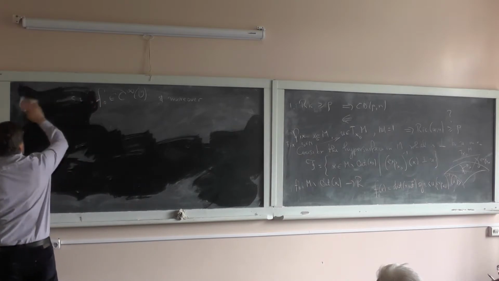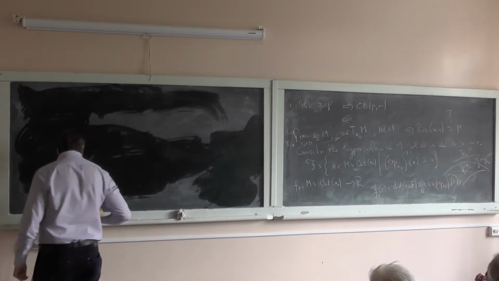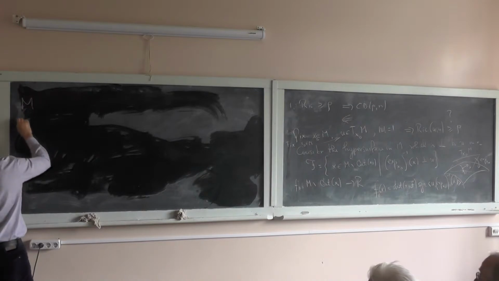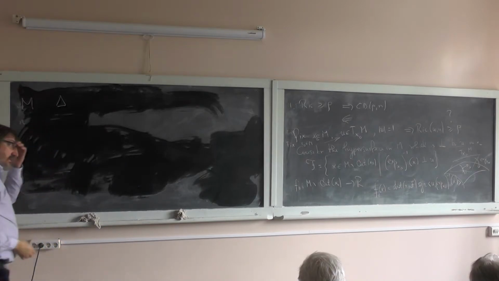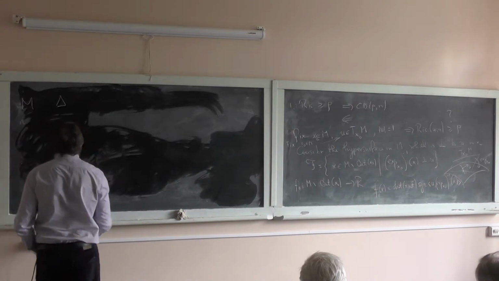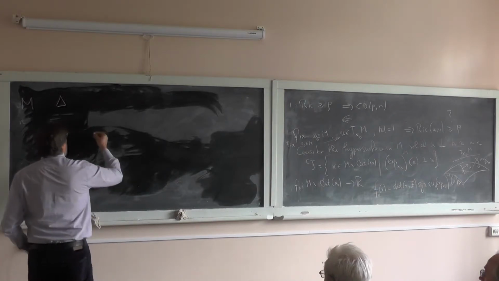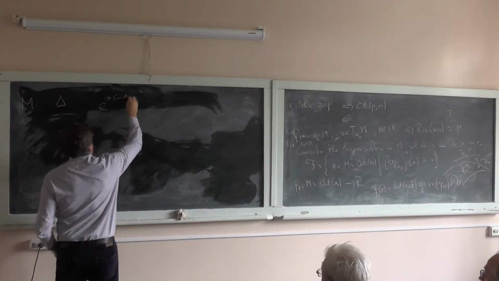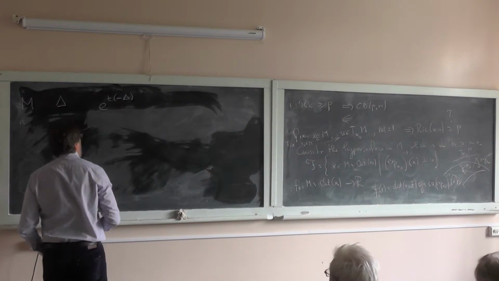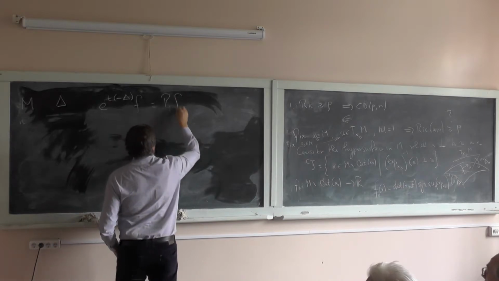Now I am on a Riemannian manifold M, n-dimensional, and there is the Laplacian. I'm assuming the Laplacian is a self-adjoint operator, so there is the Riemannian volume on M, and I will look at the heat semigroup generated by the Laplacian, which I will denote by P_t f.